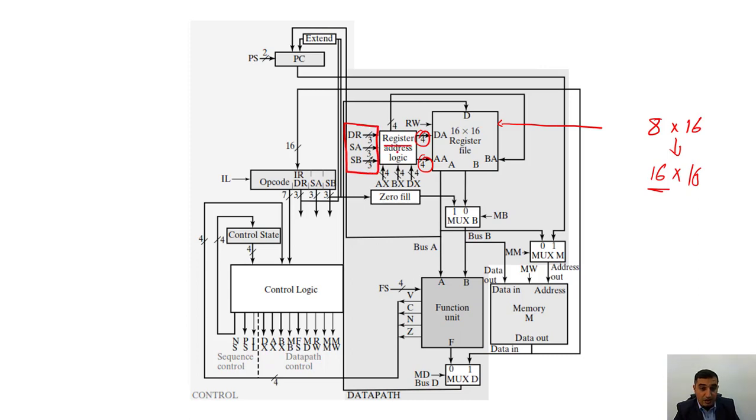So we have here an address register logic which will convert the inputs from 3 to 4 bits depending on the instructions. And now we can see the AX, BX, DX which we are used to in assembly language. These are coming from our control logic, but our original instruction will have the normal DR, SA, and SB.